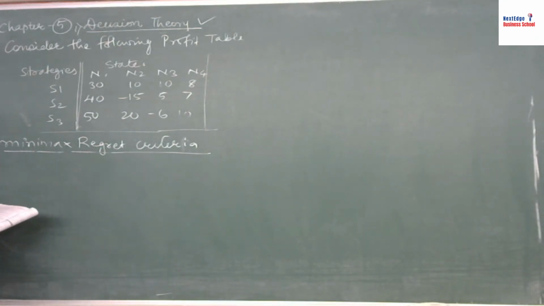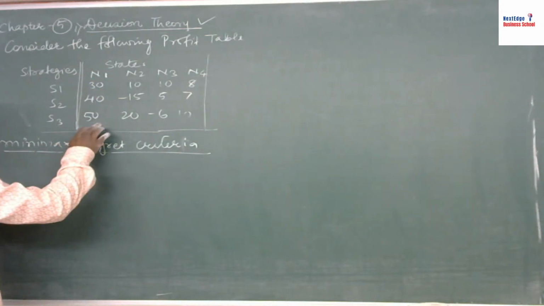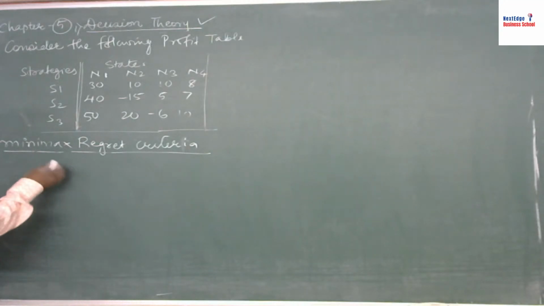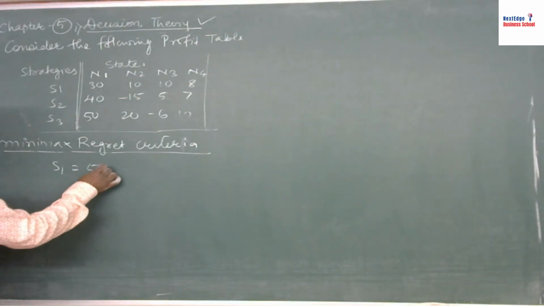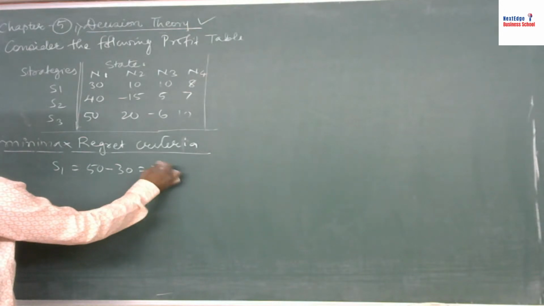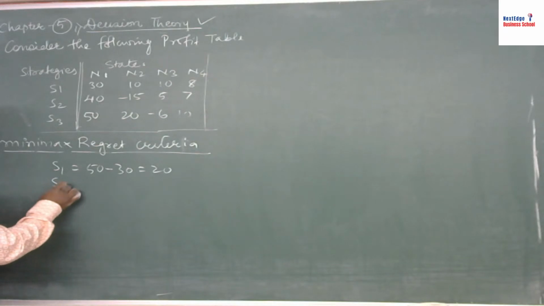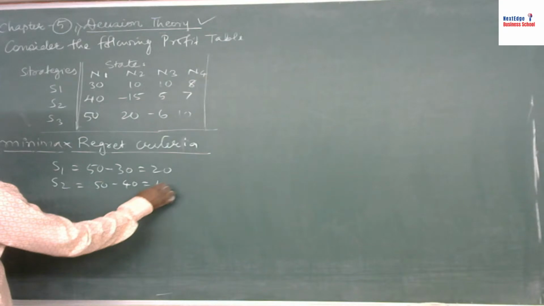So let us draw S1 के लिए हम लोग निकालते हैं, रिग्रेट निकालते हैं, right. So for S1, N1 में सबसे मैक्सिमम वैल्यू क्या है 50 है, right. So अगर हम S1 के लिए निकालेंगे रिग्रेट, S1 is equal to, हाईएस्ट वैल्यू क्या है 50 है, so 50 माइनस S1 की वैल्यू कितनी है 30 है, so कितने का है रिग्रेट 20 का रिग्रेट है, right. So likewise we will do it for all the values, right. So for S2 50 माइनस 40 कितने का है रिग्रेट 10 का रिग्रेट है.